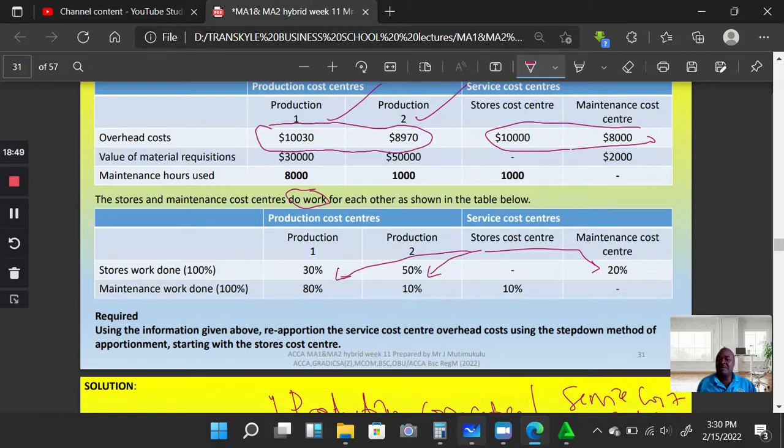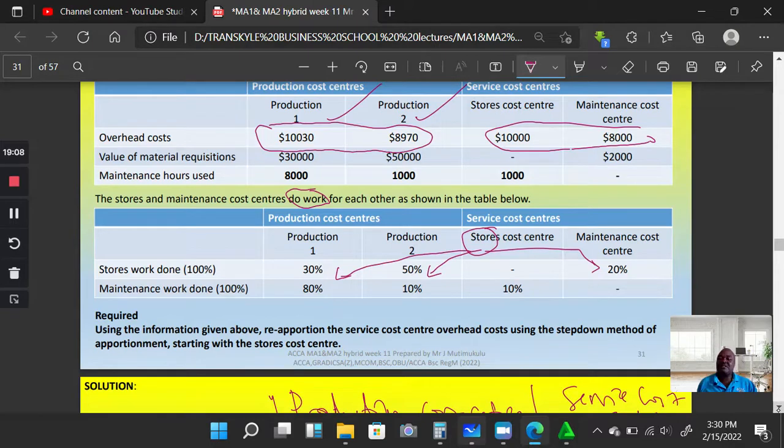So what happens is, since we have already apportioned the overheads for the stores cost center, we have already done that.